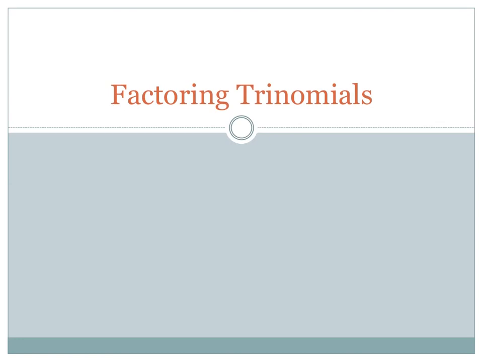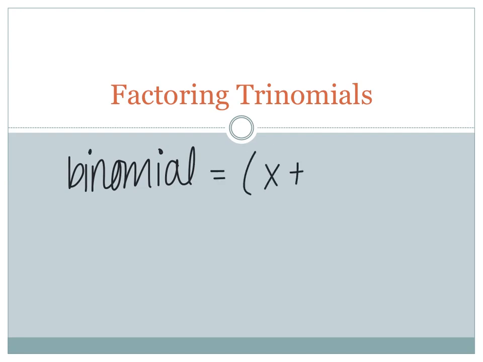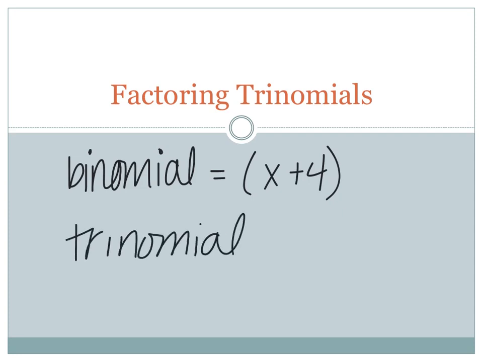But just as a reminder, and I feel like it's important to make this distinction, a binomial has two terms, so x plus 4. A trinomial, which I'm sure you were like, oh hey, tri means 3 terms.